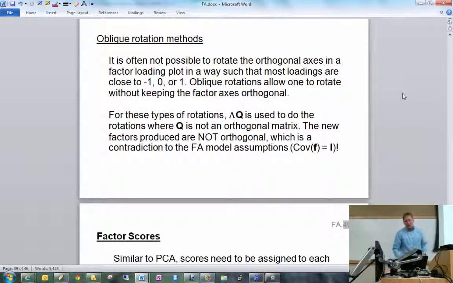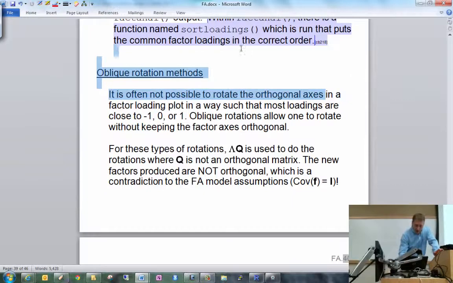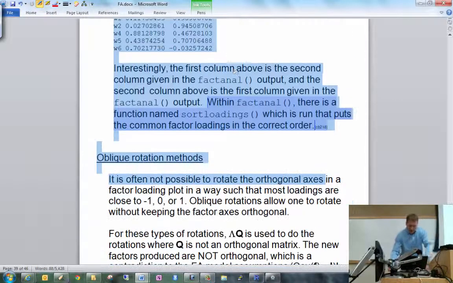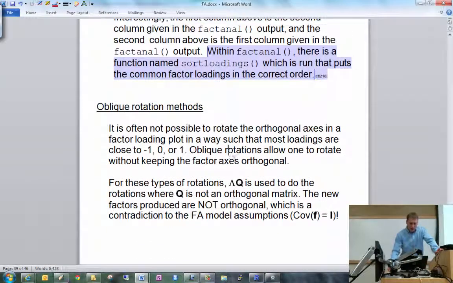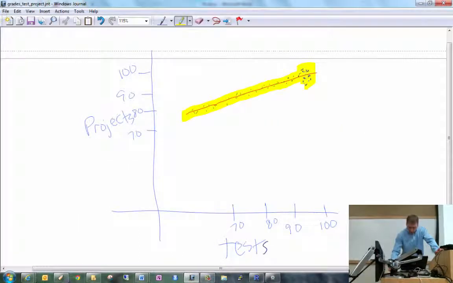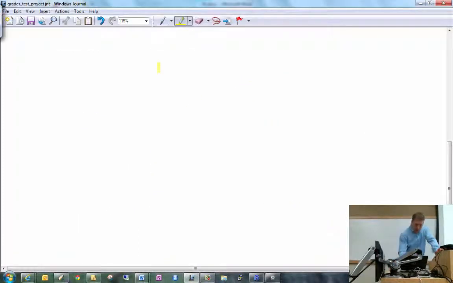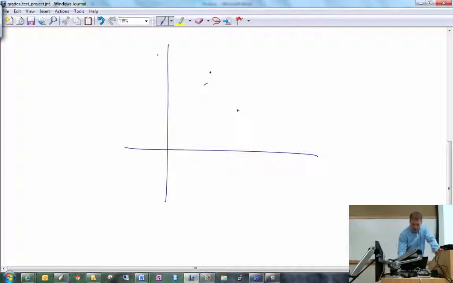Okay. Now there are other kinds of rotation methods out there that are not orthogonal. They're called oblique. What that means is the following. Suppose I were to do a plot of these factor loadings. And let's say the loadings ended up being maybe like this.